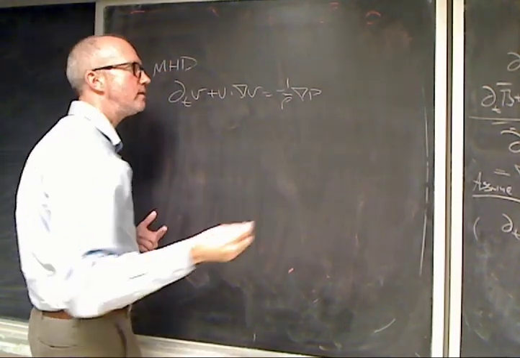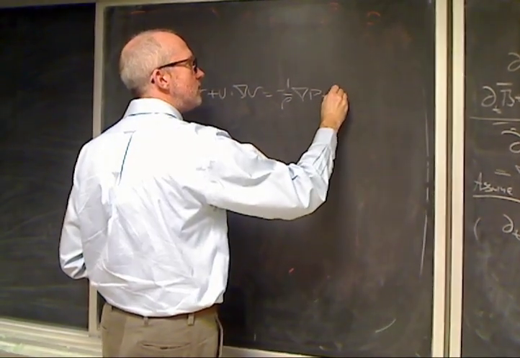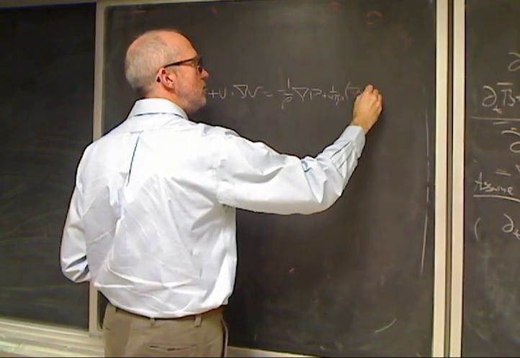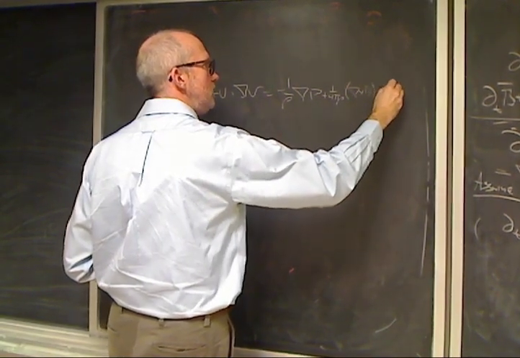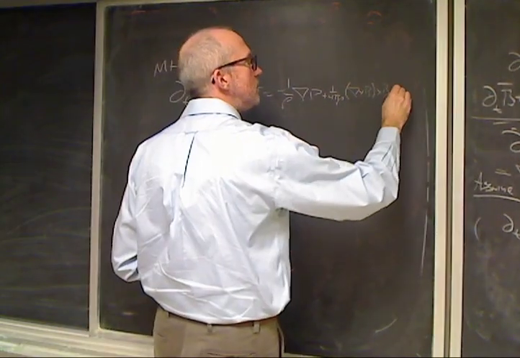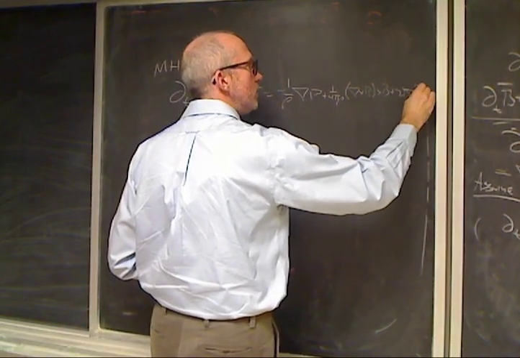This is the pushing. Plus 1 over 4 pi rho del cross B cross B. This is the Lorentz force. Plus nu del squared v.